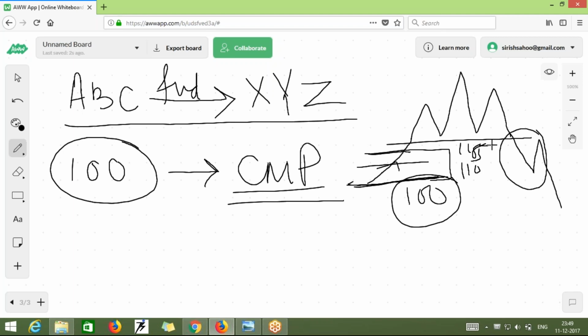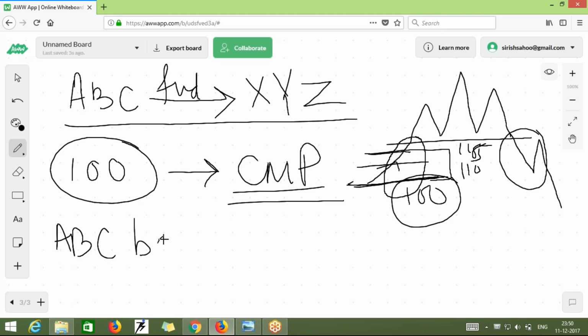As ABC started buying, the stock starts rising. It's quite obvious that whenever a smart money starts buying anything, the stock price is definitely going to increase. As soon as he has acquired the desired amount, he would sit back and wait. So at this level, he has acquired his desired stocks. Let's make it clear.